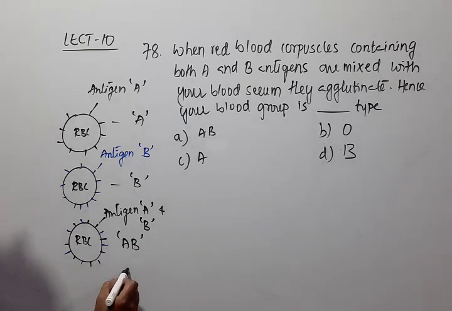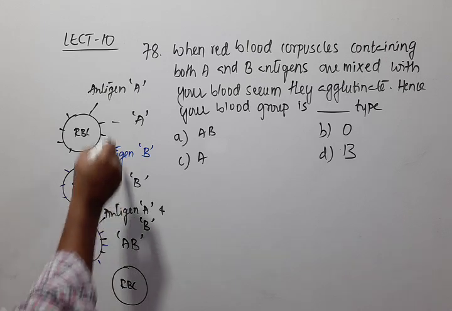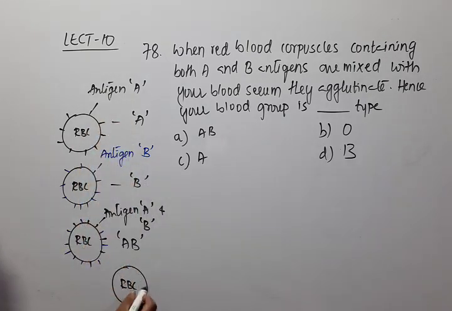And if we don't have any antigens, I mean no A antigen and no B antigen, then this blood group is O blood group. So we determine based on the presence of the antigen, so we need to detect those antigens.